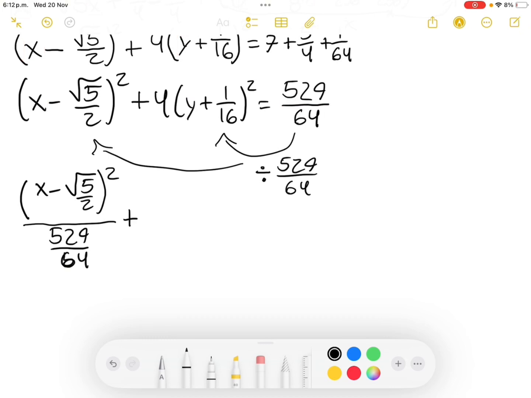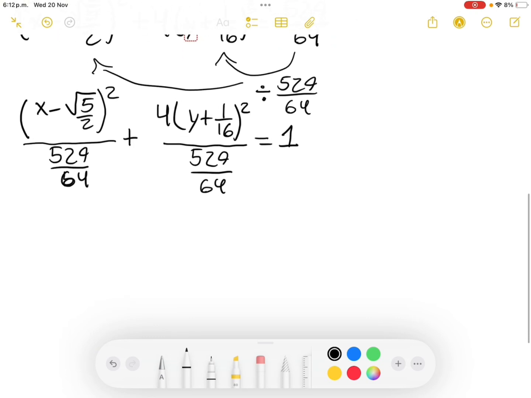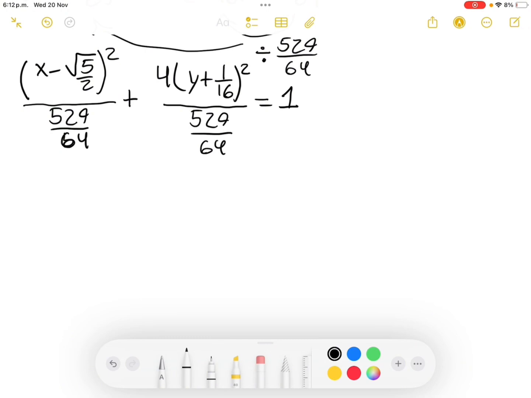We're going to add a plus, and then we have to put the y terms, 4 parentheses y plus 1 under 16, squared. Then we're going to add all this in a division that is going to be the same, 524 under 64, that is going to give us an equal to 1.